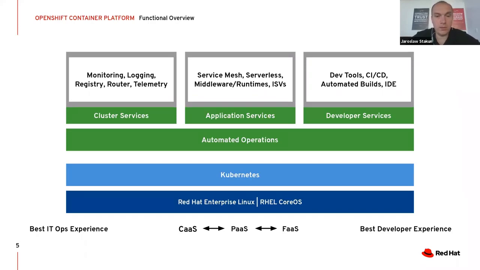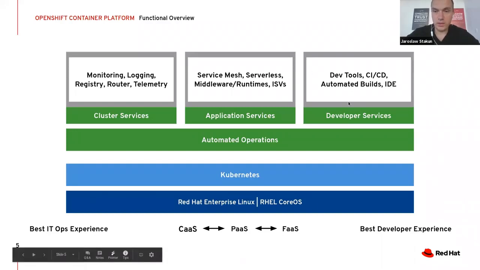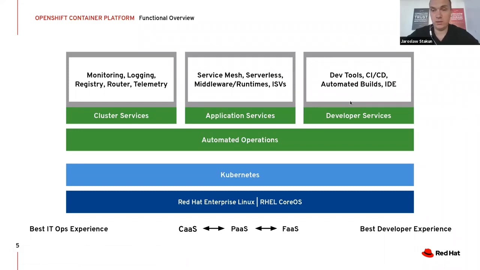And then on top of Kubernetes, we add all the tools that both administrators and developers might need to build, monitor and manage applications. Today we will focus on this top right corner, actually a subset of those tools.